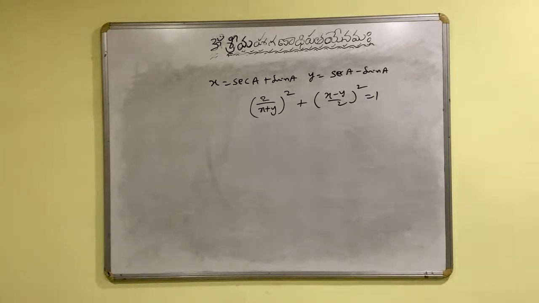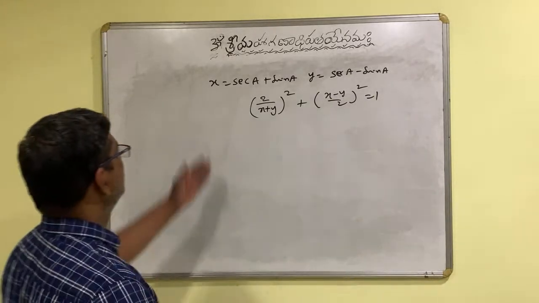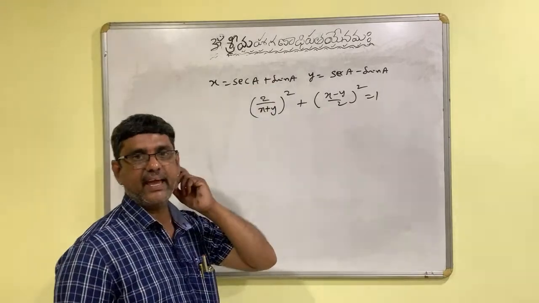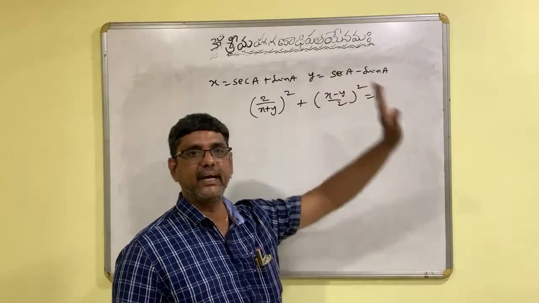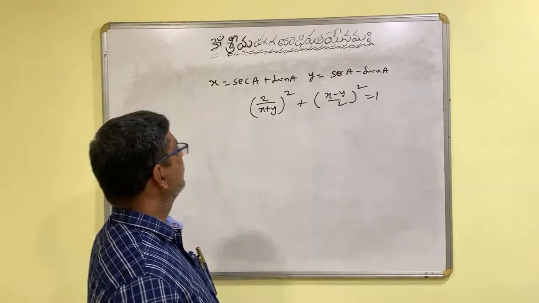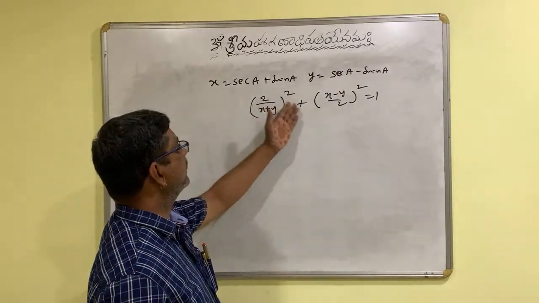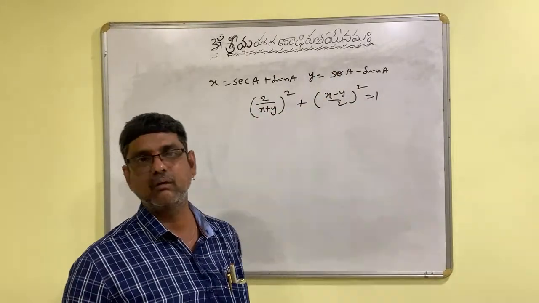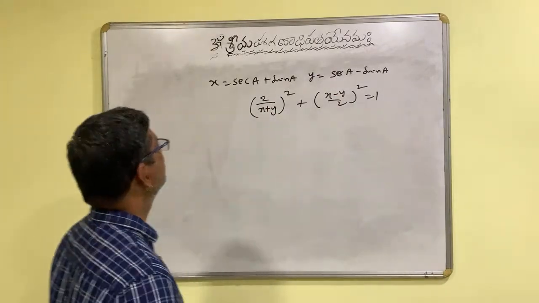We need to prove this. Given x is equal to secant A plus sin A and y is equal to secant A minus sin A, then we have to prove that (2 by x plus y) whole square plus (x minus y by 2) whole square is 1. See here.